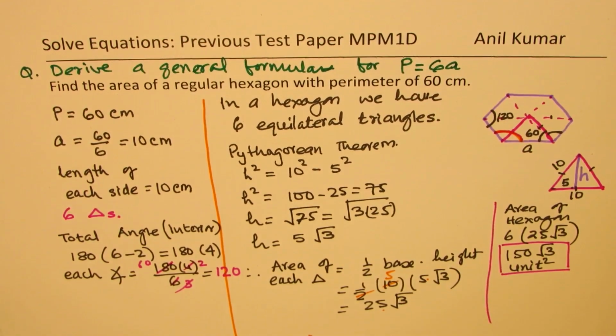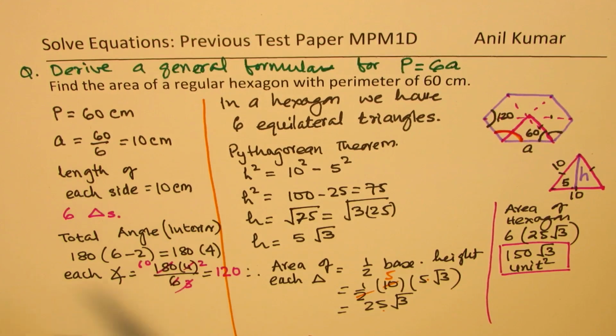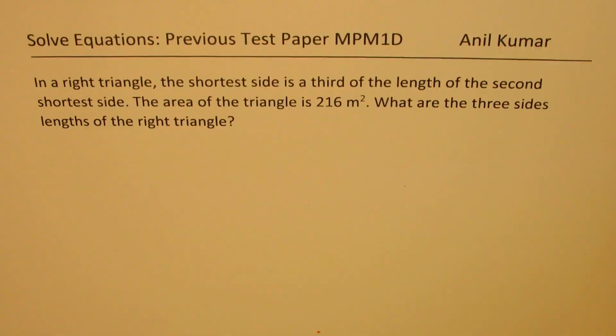Is that okay? Instead of A being 10, we got this formula. Half of 10 is 5, and 5 square root 3 is our answer, right? So you could have a general formula for this particular question. I hope that makes sense.